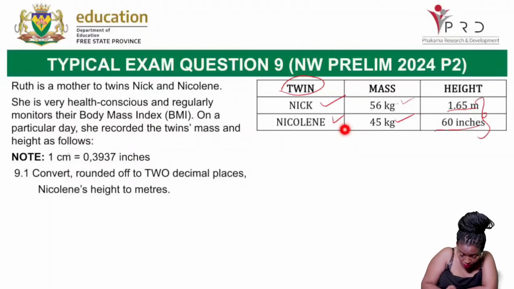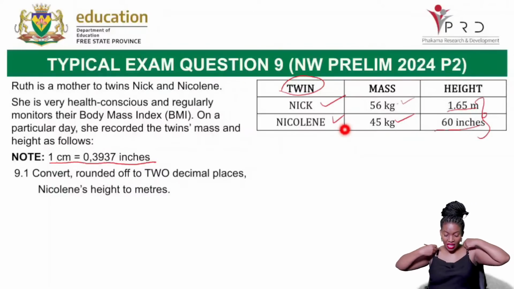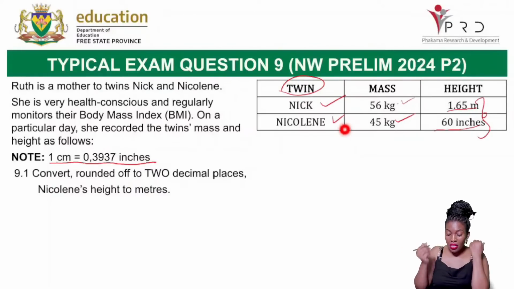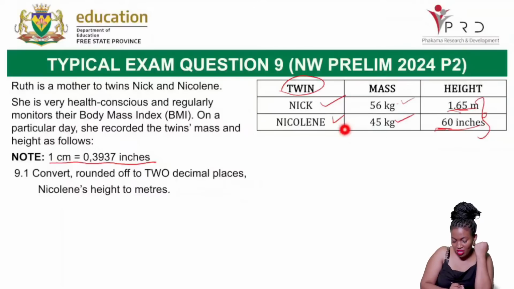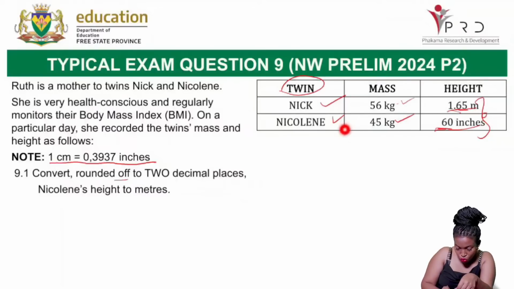Luckily, there's a note that 1 centimeter is equal to 0.3937 inches, meaning you are either going to convert these meters to inches or these inches to meters. 9.1, convert, rounded off to 2 decimal places, Nicolene's height to meters. This is Nicolene. What is her height?